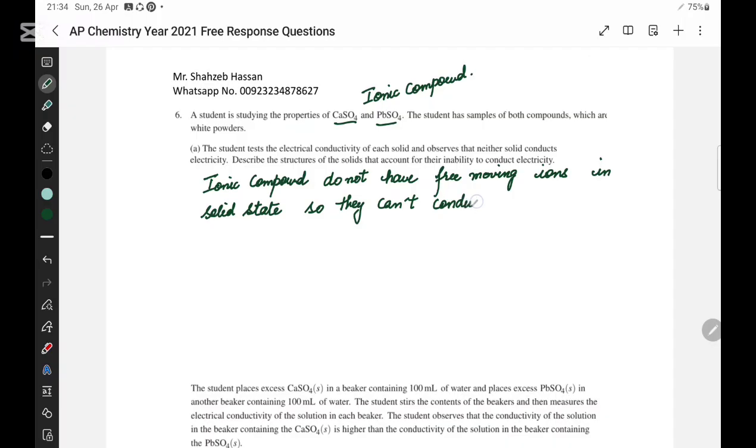Ionic compounds have the property that they can conduct electricity only in molten form or in aqueous form, because only in that state do they have free moving ions, not in the solid state.